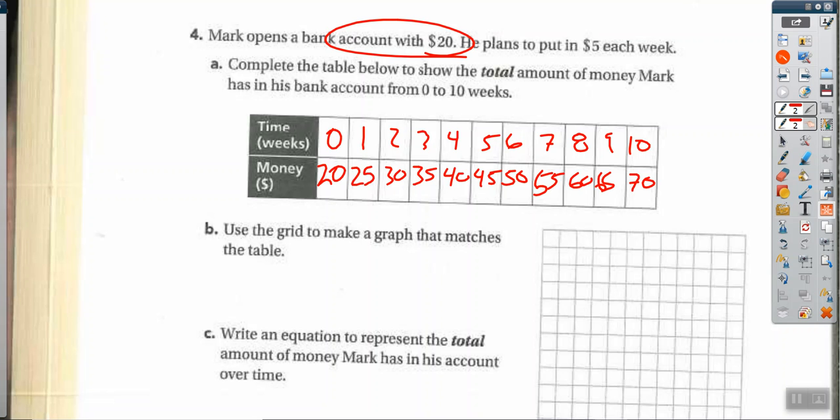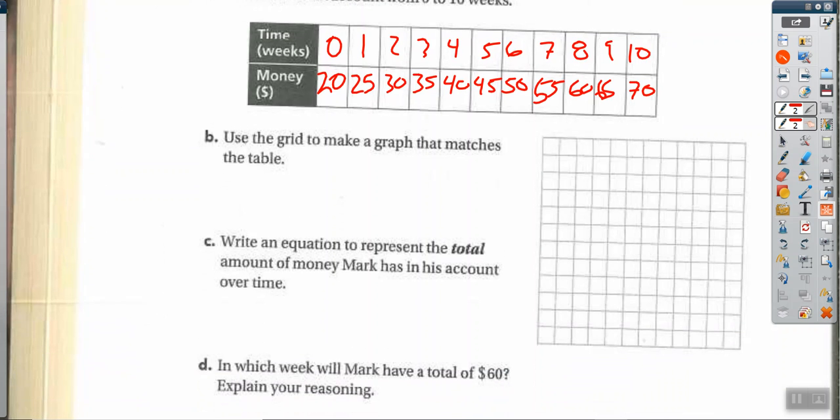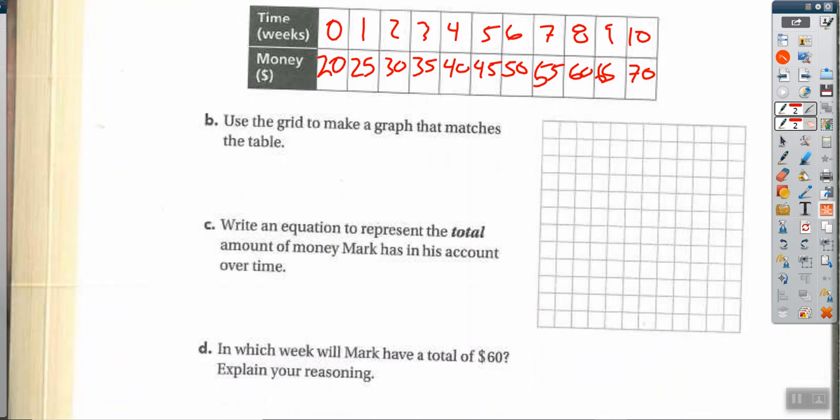Use the grid to make a graph for the table. So we have time, we have money. All right, so our time is 0. I'm going to count by ones, but I'm only going to label every other.